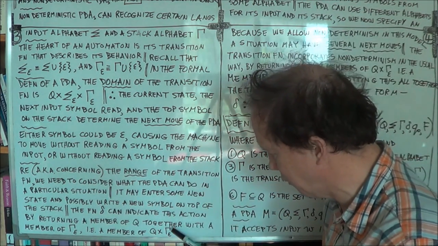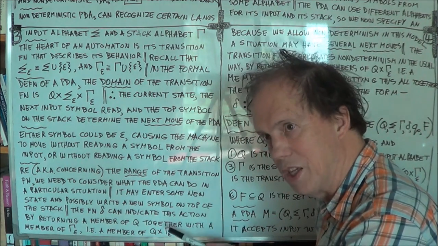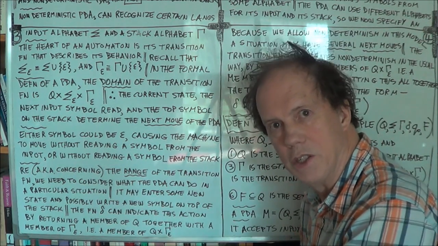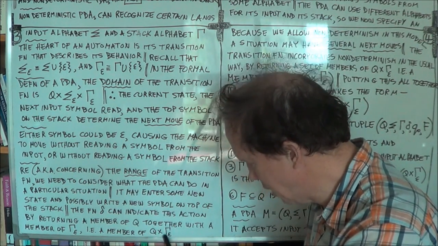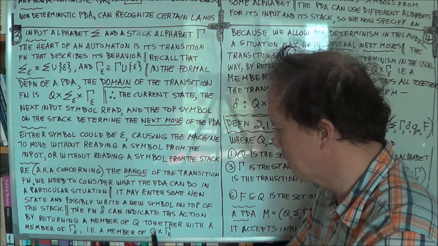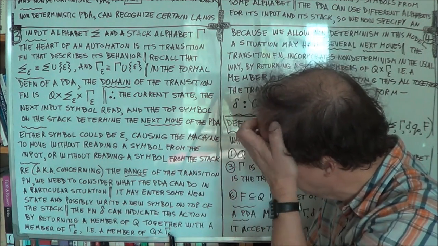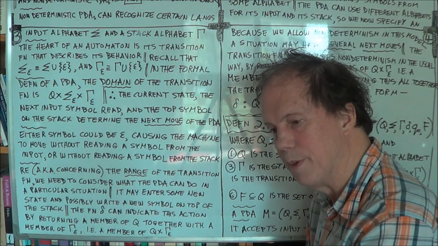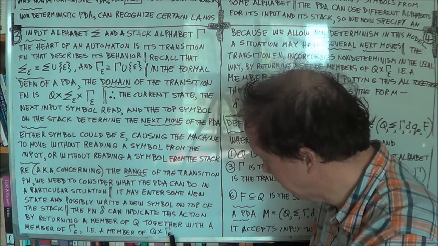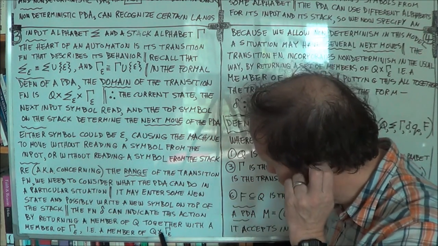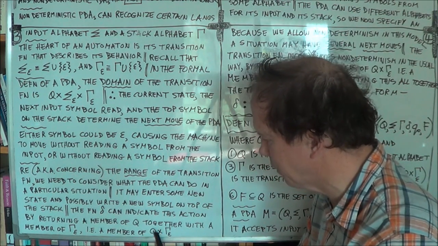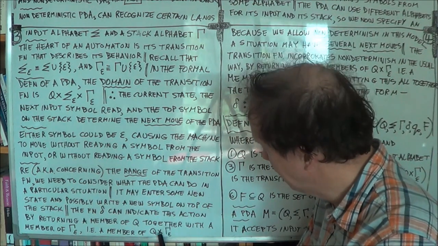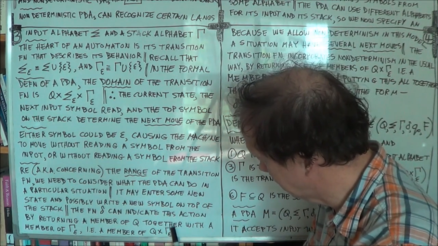Anyway, for the formal definition of the range of the transition function, your delta, is this. It too is a Cartesian product, but just of two sets: the set of states and the stack alphabet augmented with epsilon. So Q cross, the cross product, or vector product, or Cartesian product of Q cross gamma.